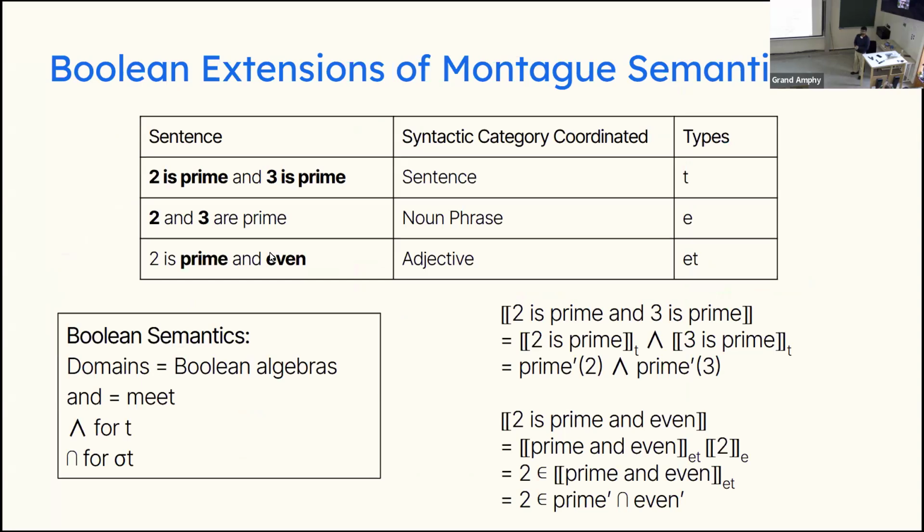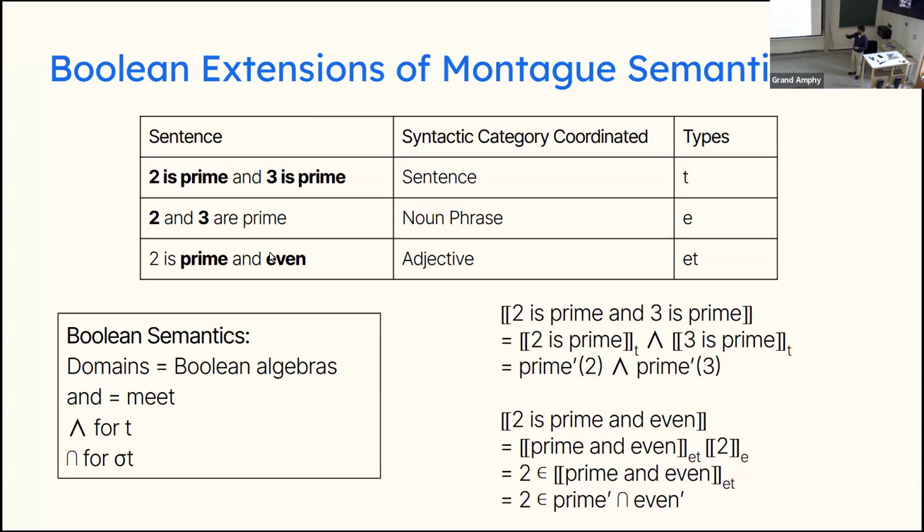Now Montague semantics has been extended to handle coordination. Here I show that we can coordinate linguistic expressions of different categories. For example, we can coordinate two sentences like "2 is prime and 3 is prime". We can coordinate two noun phrases, "2 and 3 are prime".